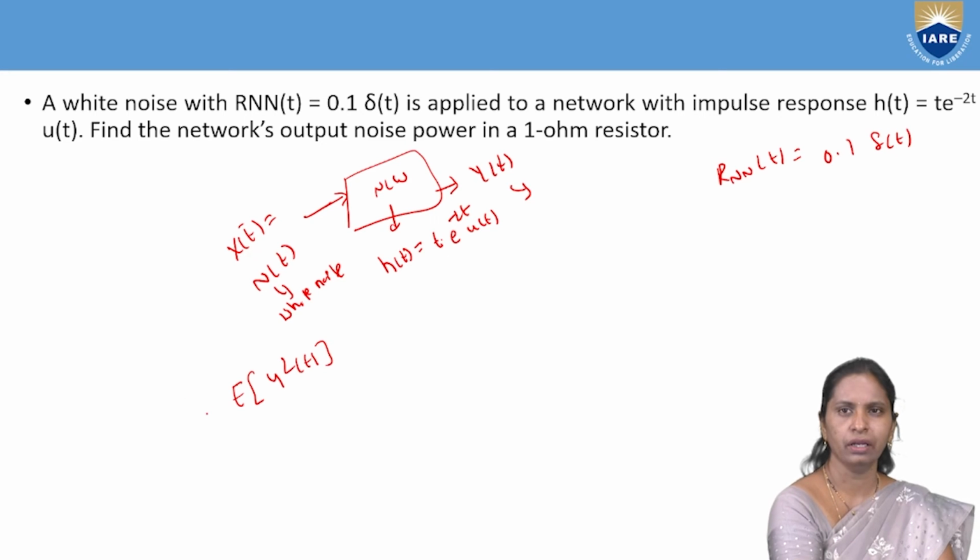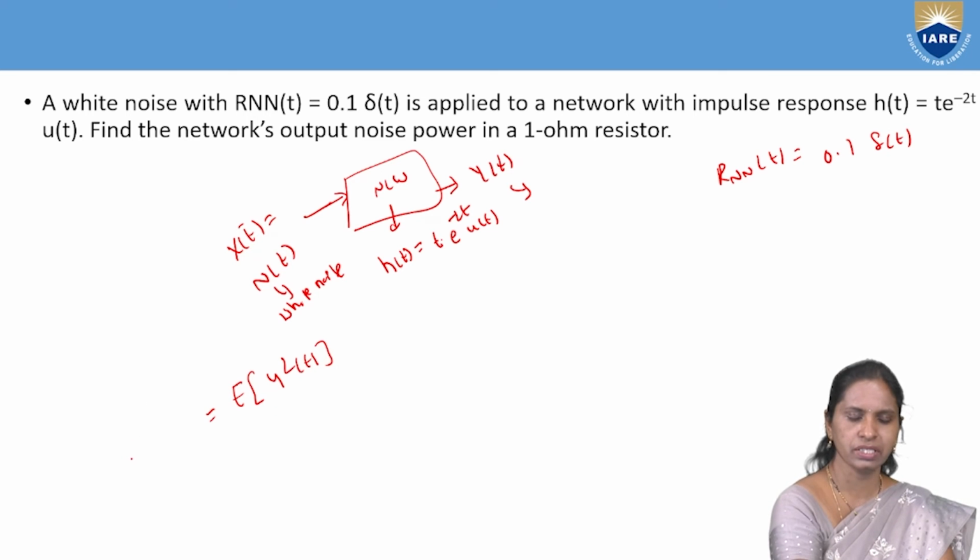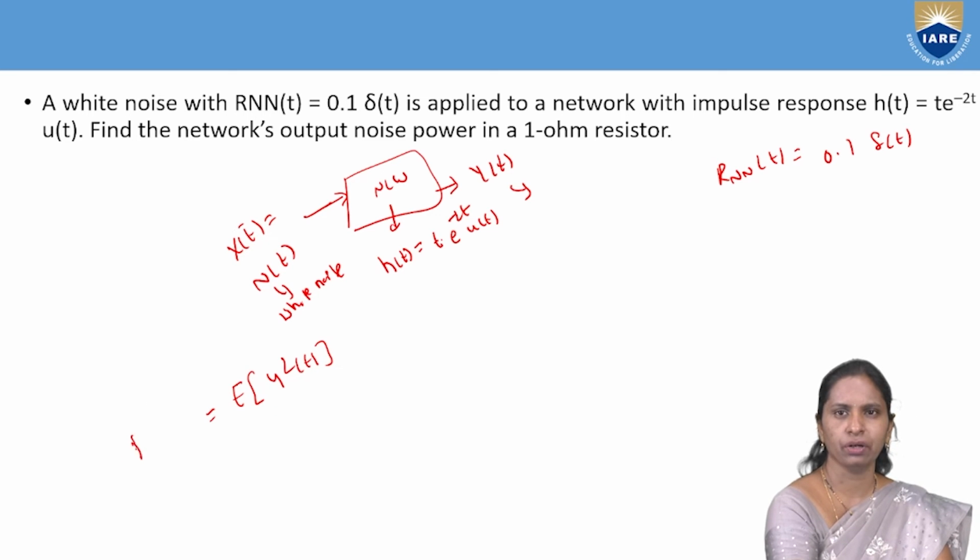So this is the other way. Instead of asking for the mean square value of the response of the network, they have asked for the network's output noise power. The output noise power is nothing but E of y square of t only. What is E of y square of t?